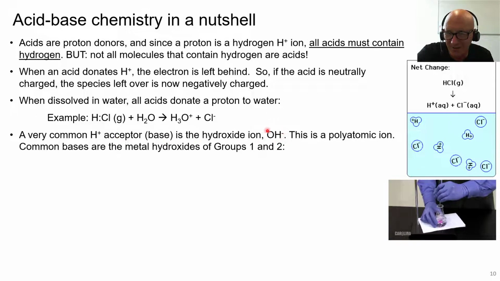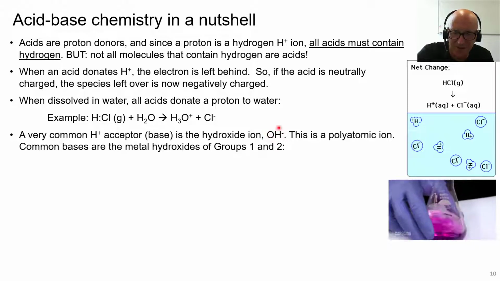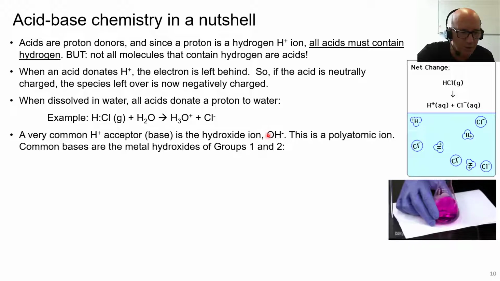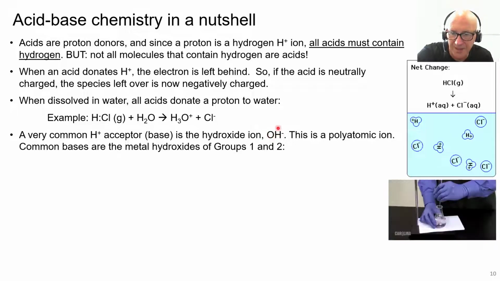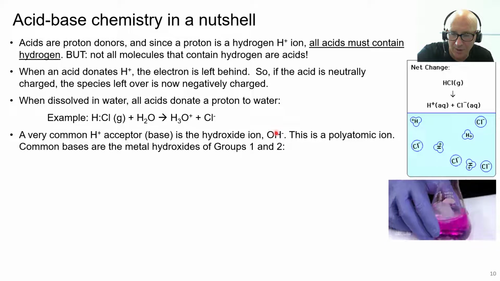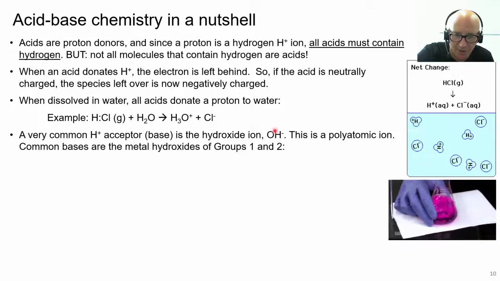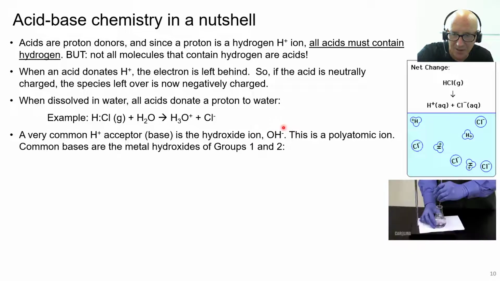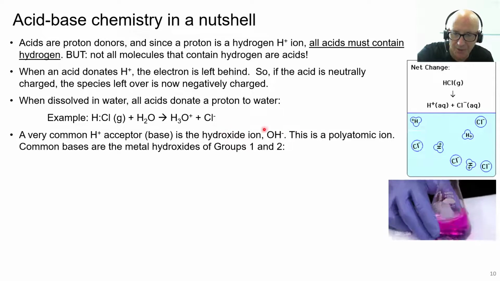Now, I didn't make it explicit last week, but this is actually listed in your periodic table and other information, and this is a polyatomic ion. You can see it's got more than one atom. They're both non-metals, which is what you need for these polyatomic ions, and it's indeed an ion because it's got a 1 minus charge there. So these are common, these hydroxide ion bases.